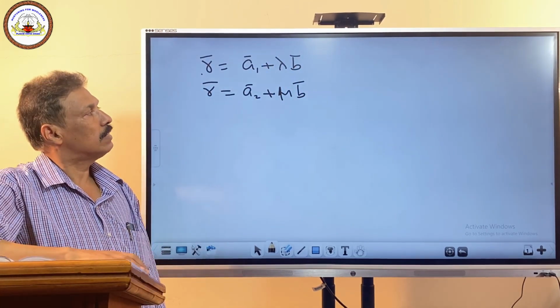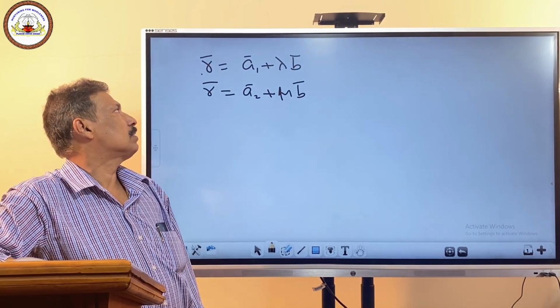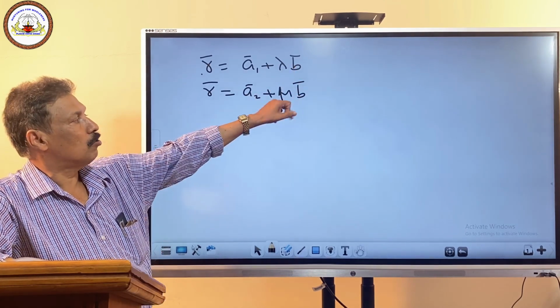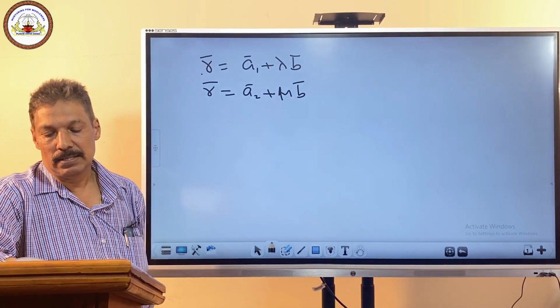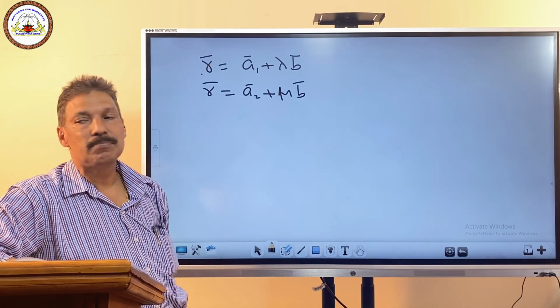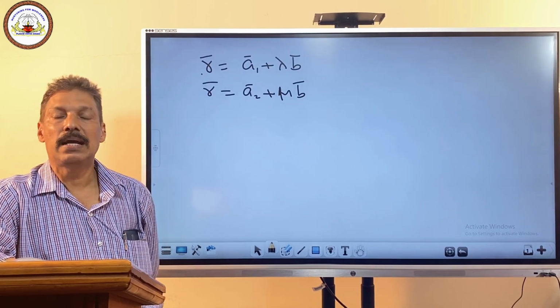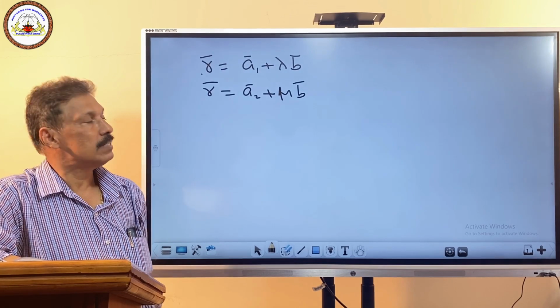The vector on the first line, or the direction ratios of the first line, is b bar. The second line is also b bar. Sometimes they are proportional. In such a case we have to find the distance between them. We will derive another formula for finding the distance between them.